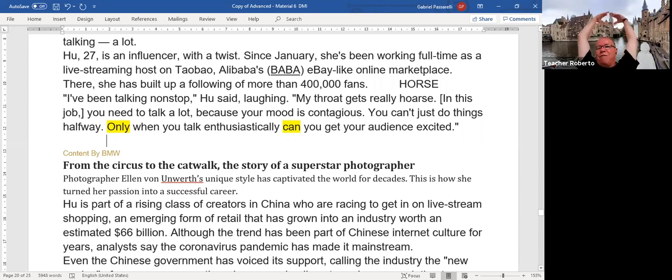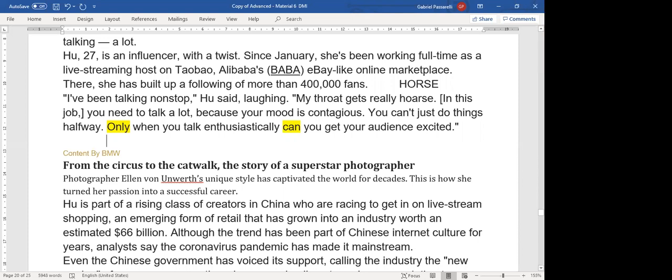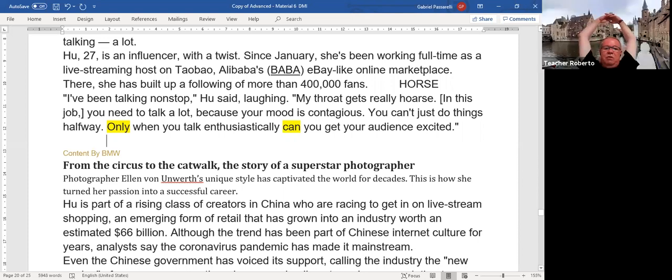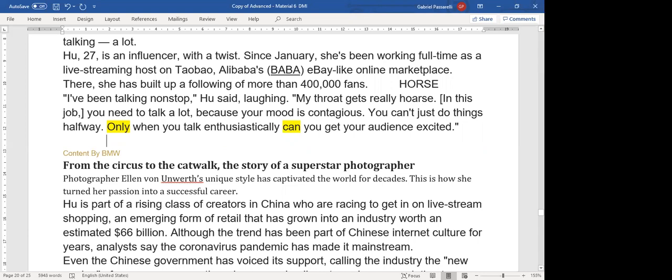I've never seen anything that costs more than $1 billion. But it is possible to use billions; here you are referring to an industry, worth an estimated 66 billion, or it's a $66 billion industry.